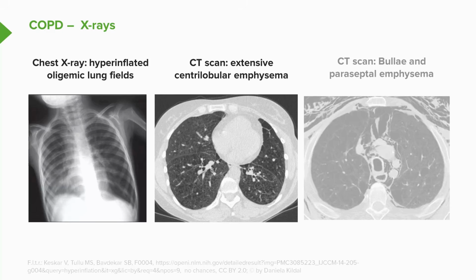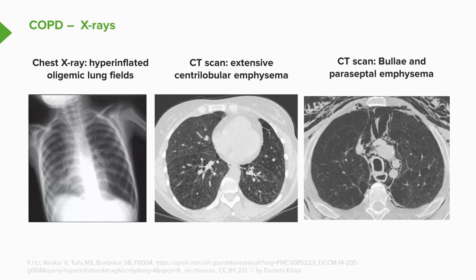It's a sort of Swiss cheese lung. It's got holes in it. The last scan is somebody who also has some emphysema, but it's distributed in a different way. Instead of being centrilobular in the middle of the lung lobules, it's actually around the septum, around the edges of the lung lobules, around the edges of the lung.